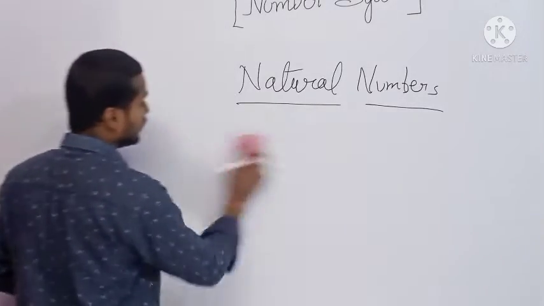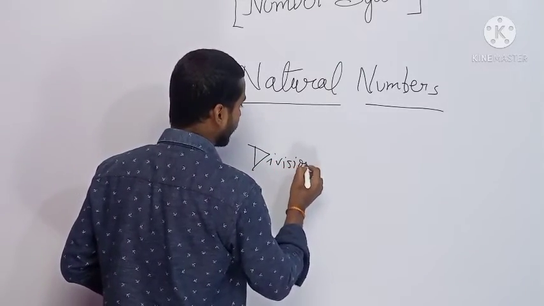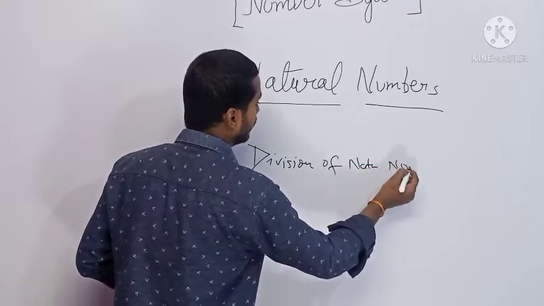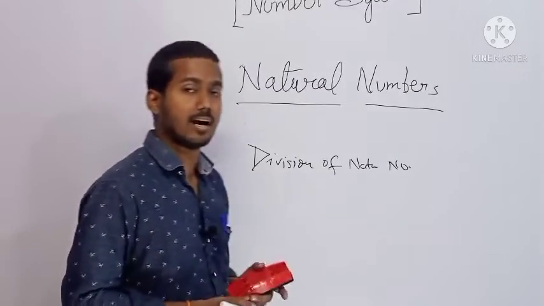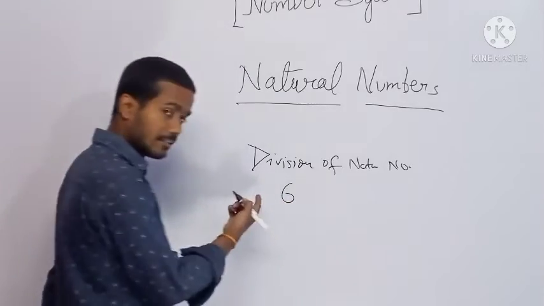In the same way, if we talk about the division of two natural numbers, let's check: do we get a natural number as a result after dividing two natural numbers? 6 is a natural number.